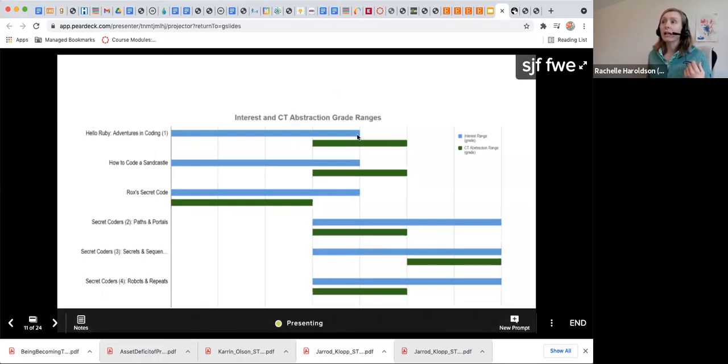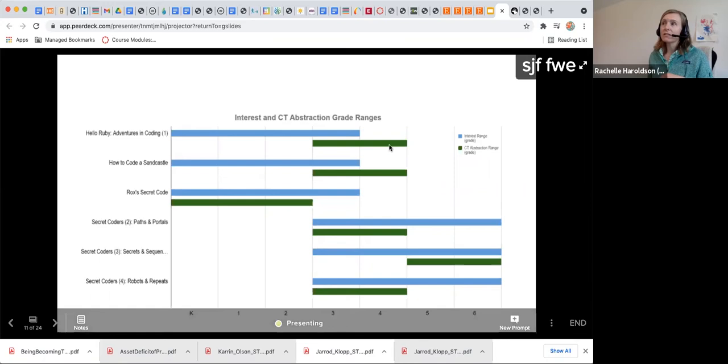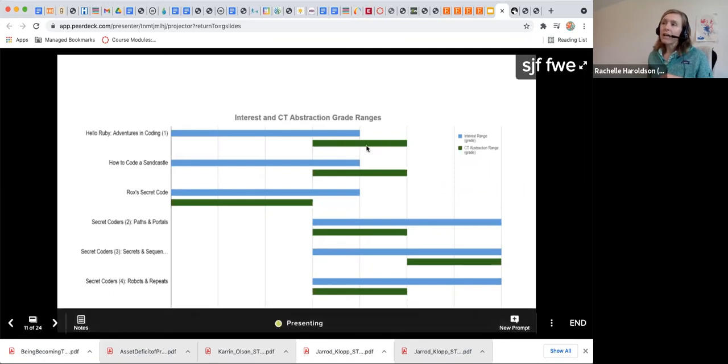So we're only looking at abstraction right now. And as we can see, the competency level for abstraction is actually beyond what the interest level is. So we coded this as being advanced. So if you're reading the Hello Ruby book, even though it's targeted for kindergarten through 3rd graders, the abstraction that's going on is actually at the 3rd and 4th grade level.